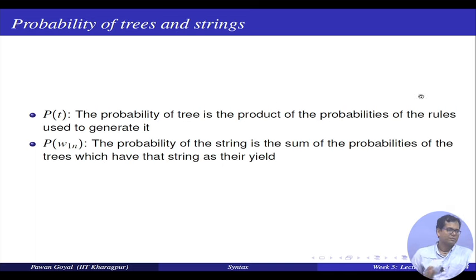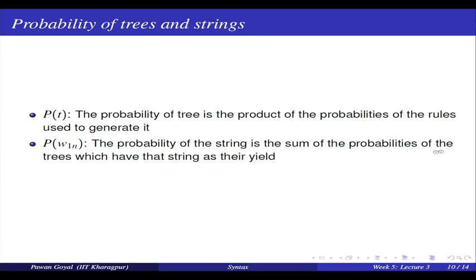So the probability of a tree is simply the product of the probabilities of all the rules used to generate it. And the probability of a sentence is nothing but finding all the parse trees, taking the probabilities of the individual parse trees and summing them up. So the probability of a sentence is the sum of the probabilities of the trees that have this as the yield. That is another way of saying that those parse trees are used to generate this particular string.